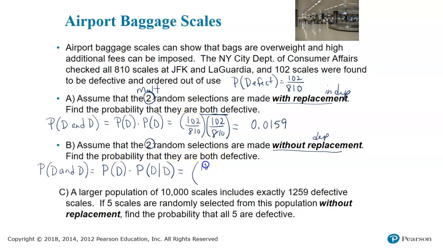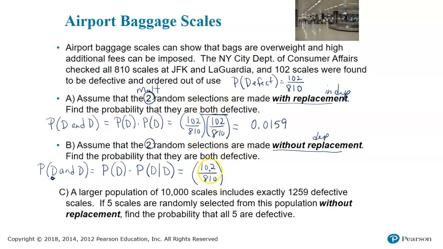So we'll start out just like we did here with the 102 out of 810. A couple things to point out here. This probability is going to be the probability for the first that you're starting with. So there were 102 defects out of 810. And however many selections you're making, 2 selections, that indicates how many parentheses you need to have when you simplify this.